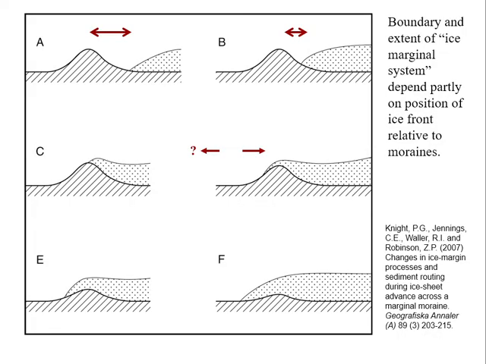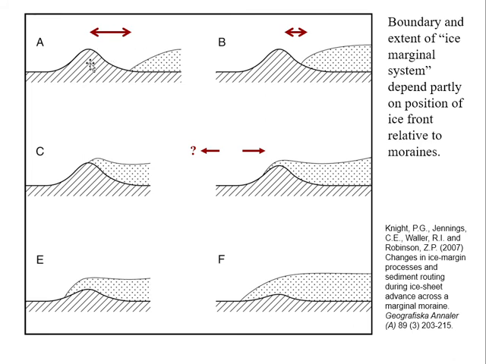So one point that arises from this relates to our question about the boundary and the extent of the ice marginal system. So at stage A, for example, you might argue that the ice marginal land system really just belongs in this area here, because there's not a great deal of contact between the glacier and the distal proglacial environment, because so much of what's going on is being constrained within this proximal side of the proglacial environment.